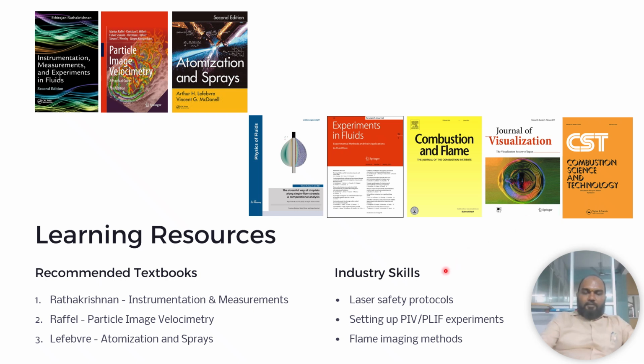Typically, the skills that you acquire by doing a mini project or course project are laser safety protocols, how to set up PIV or PLIF experiments, and how to do flame imaging or flow imaging.